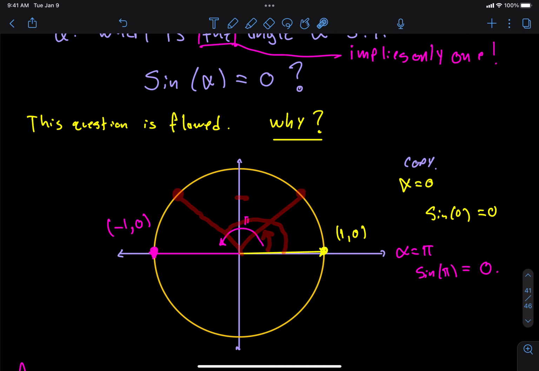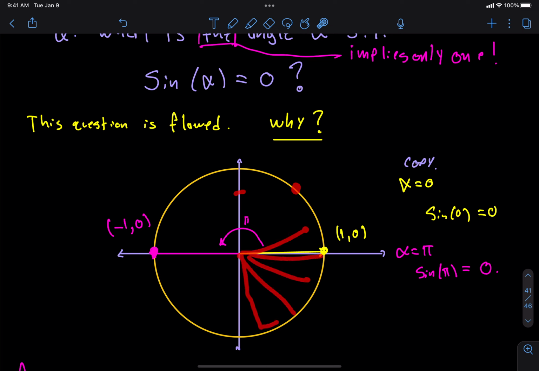So what do we do? We just throw one of them away. We just say, I'm not talking about that one over there on the left. I only want the angle which produces a point who has this height, and the angle should be between negative pi over 2 and pi over 2.